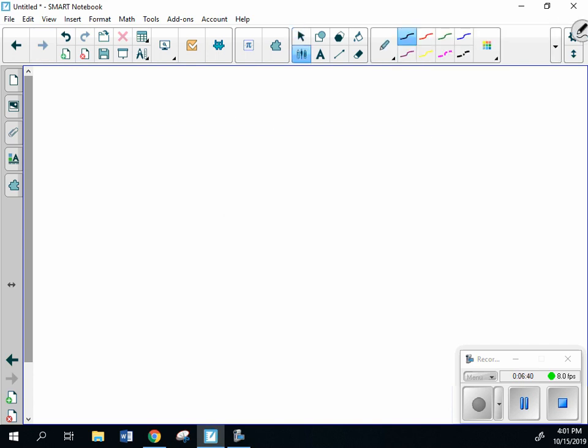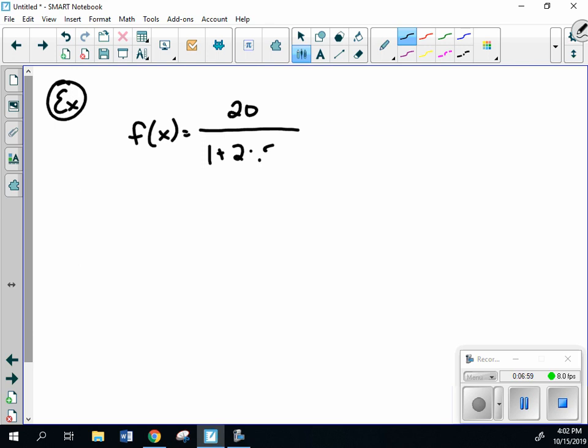So for instance, let's say that I have the function f of x equals 20 divided by, let's go with 1 plus 2 times 0.5 to the power of x.